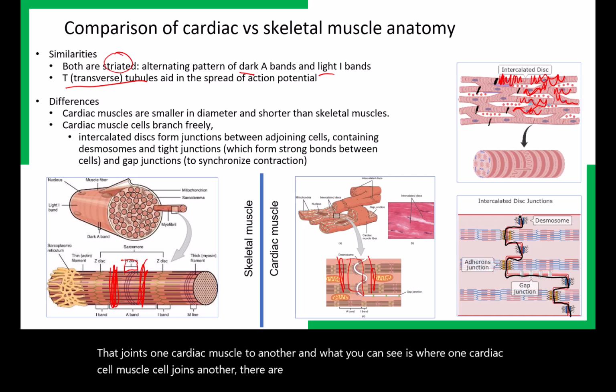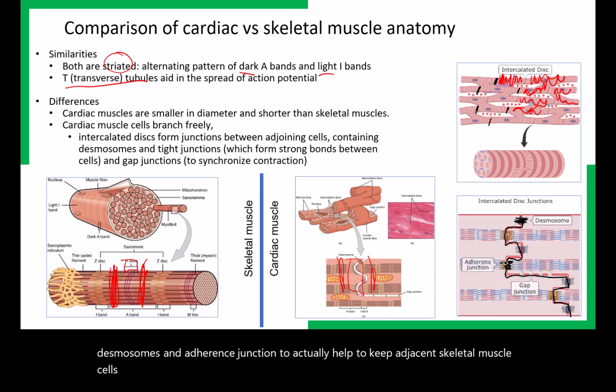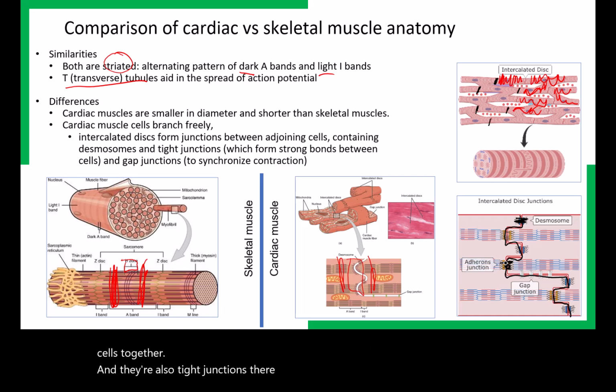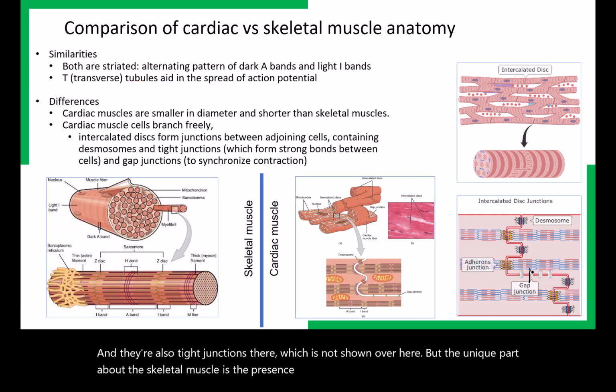These connections can include desmosomes and adherens junctions to help keep adjacent cardiac muscle cells together. And there are also tight junctions there, which is not shown over here. But the unique part about the cardiac muscle is the presence of these gap junctions.